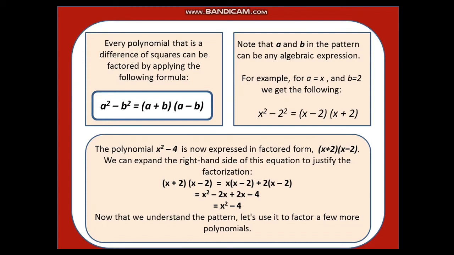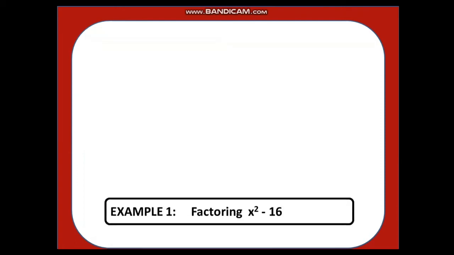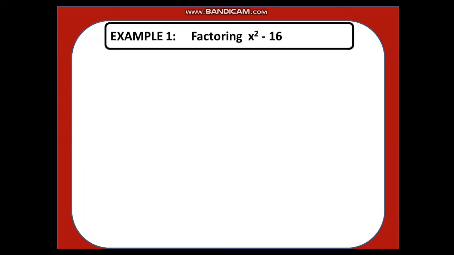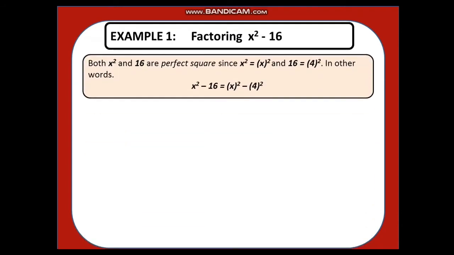Now that we understand the pattern, let us use it to factor a few more polynomials. Okay, so let's proceed now to factoring. Example 1. Let us factor x squared minus 16. Both x squared and 16 are perfect squares. Why? Because x squared is equal to x times x, and 16 is equal to 4 times 4.